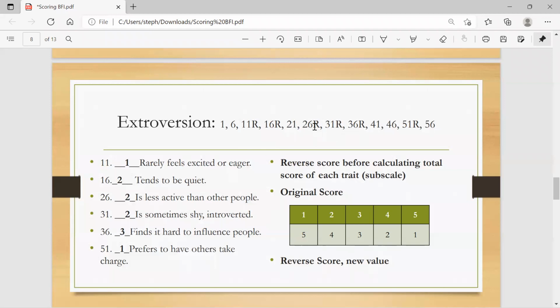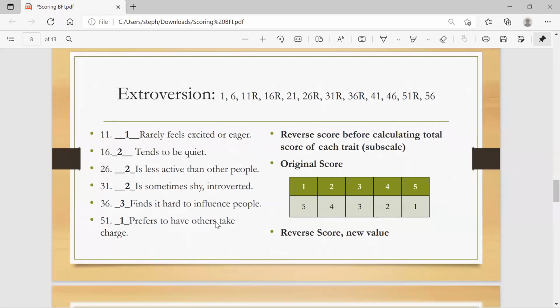Item 26 is reverse coded. Item 31, 36, this one. And then we skip 46 and 41 because those are normal. And then 51 is also reverse coded. So remember, looking at this, you would change this to a 5 instead.